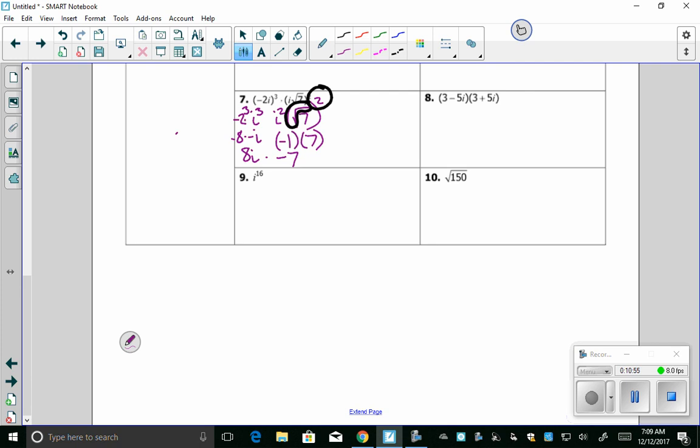So all I have to do now is multiply 8 times negative 7, which gives me negative 56i. So when I know it's a complex number, and because it has i, it's imaginary. That's my final answer.